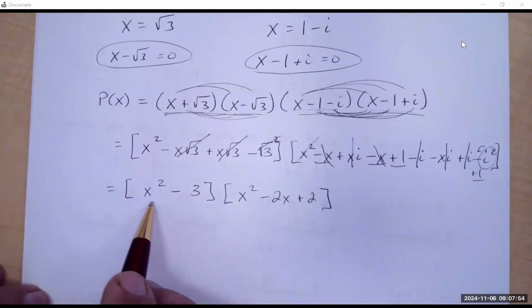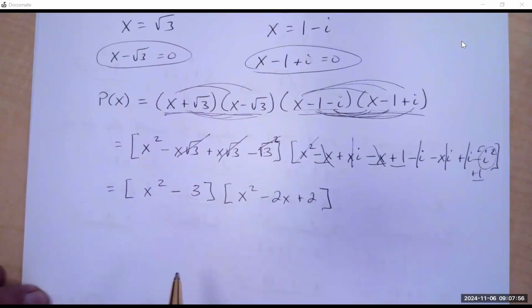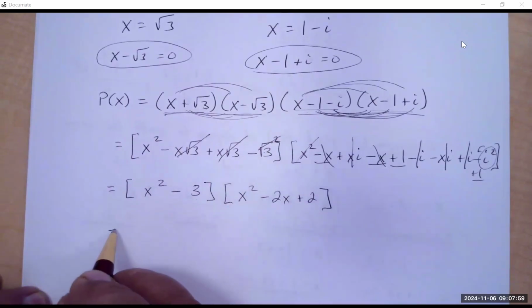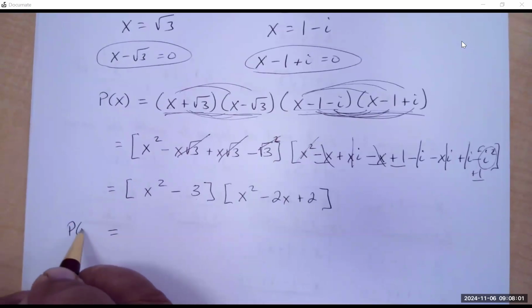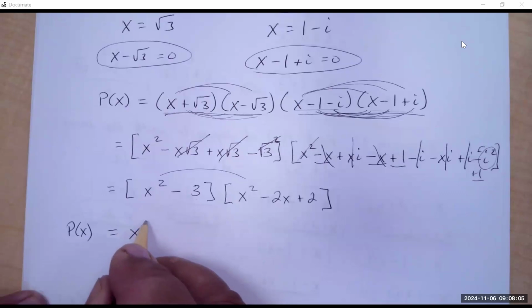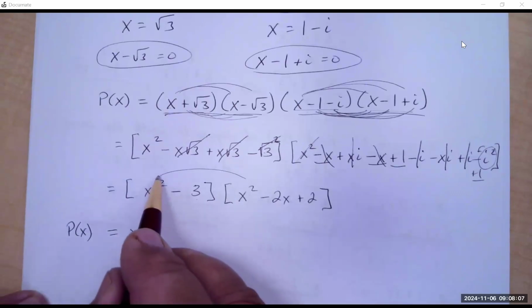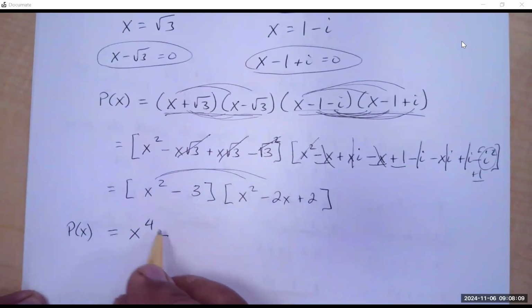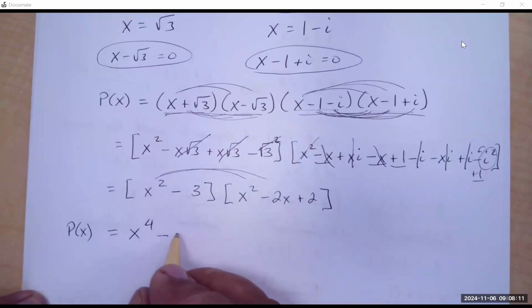Now I got to multiply everything in the first times everything in the second. X squared times x squared is x to the fourth. Positive times negative is negative. X squared times negative 2x is negative 2x cubed.